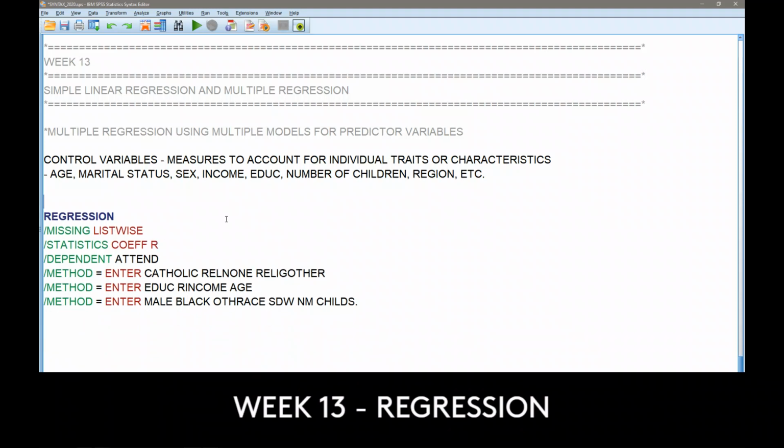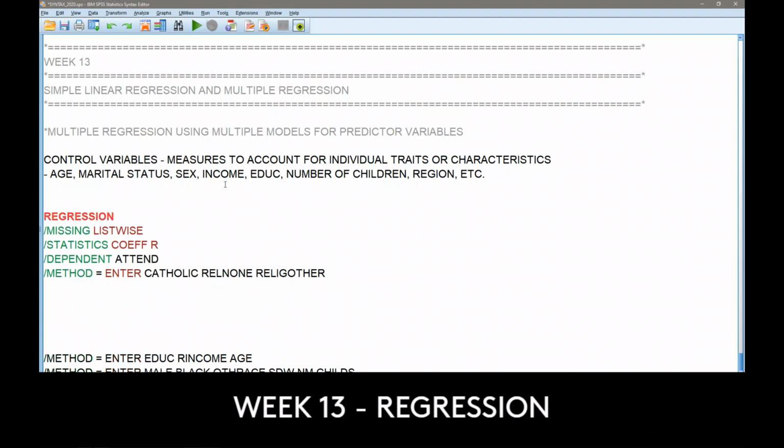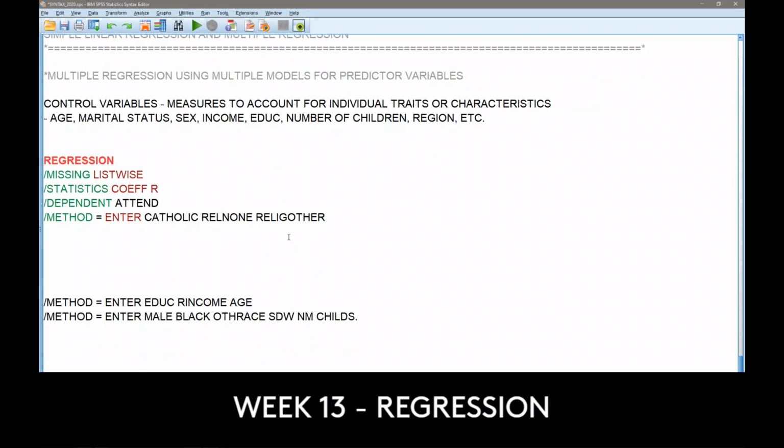Now, let's say that we are picking up from the previous regression models, okay? We want to look at how your religious denomination impacts your religious attendance, okay? So again, how is it that your religious denomination impacts how frequently or how often you attend religious services?